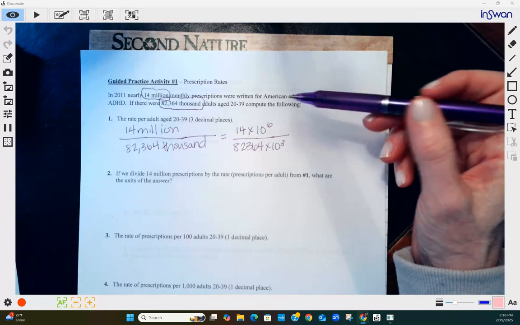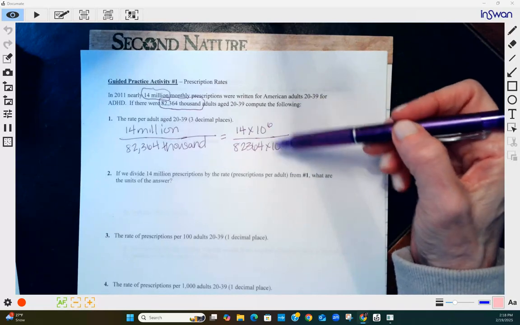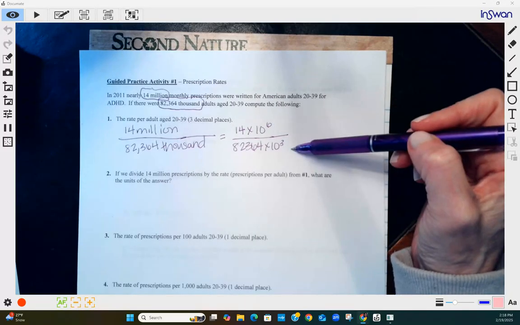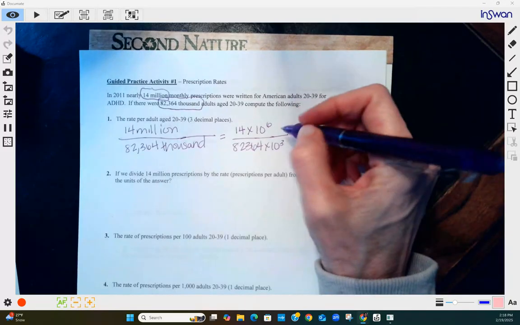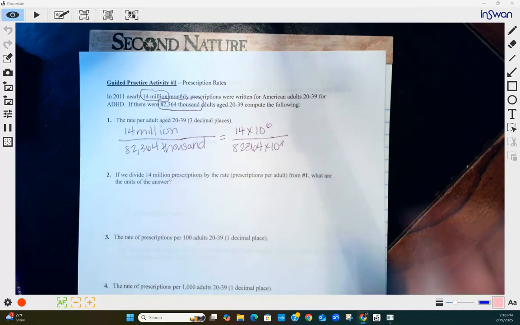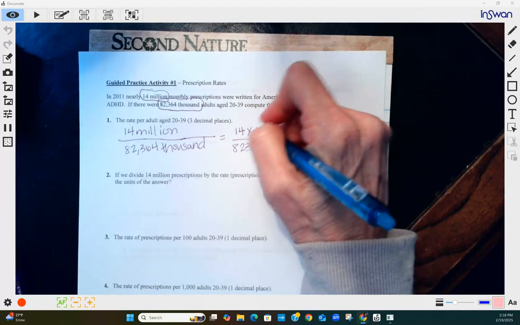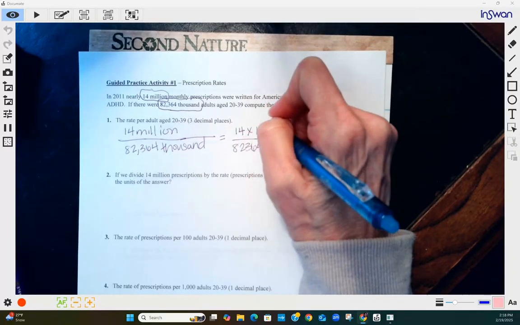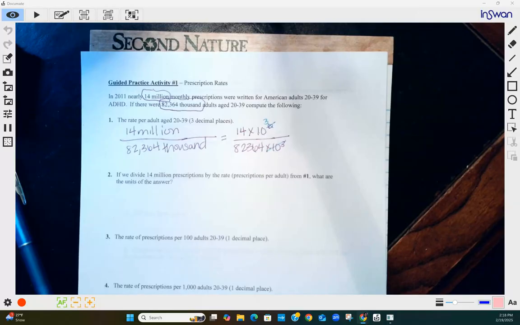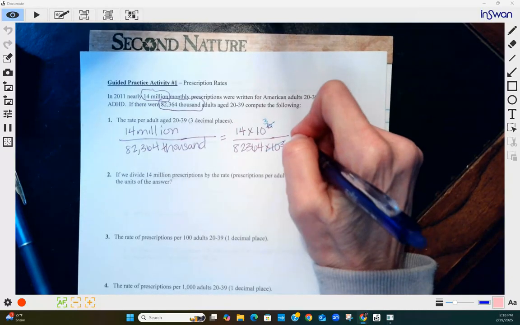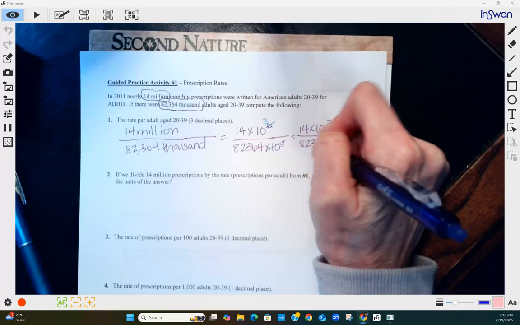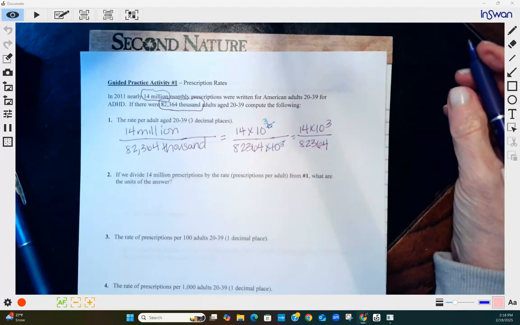But exponent rules tell us that if we're dividing one number by another, we can just subtract the exponents. In other words, these 3 tens right here are going to cancel out 3 of these, and we'll just have 3 left. That makes it easier to work with smaller numbers. So really, we just have 14 times 10 to the third over 82,364.